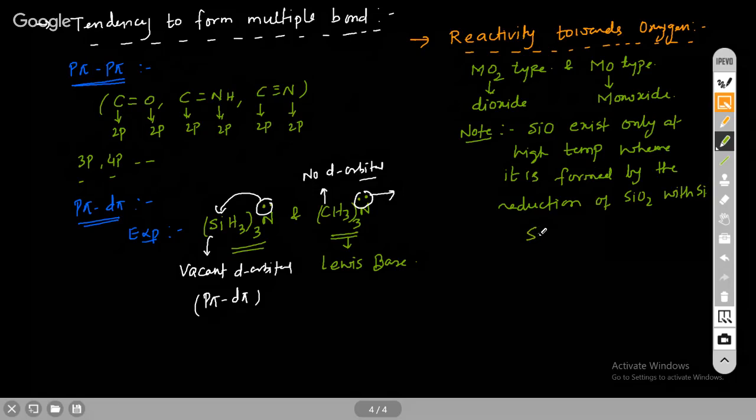So the reaction: SiO2 plus Si gives you 2SiO, only at high temperature.